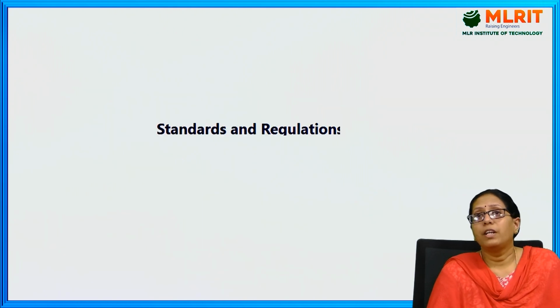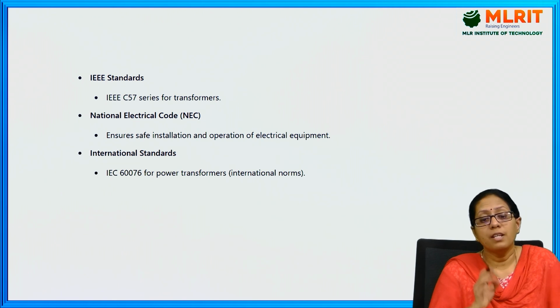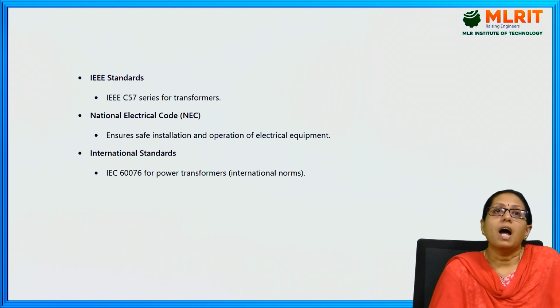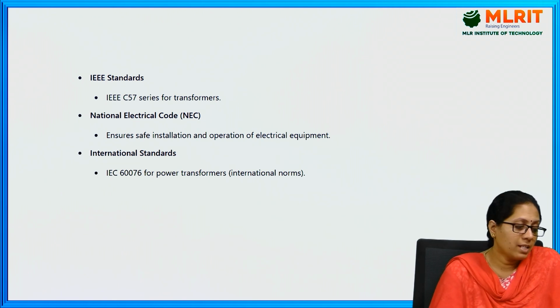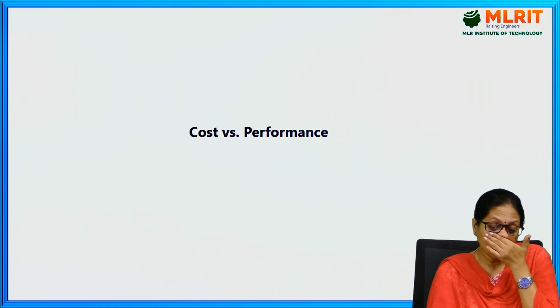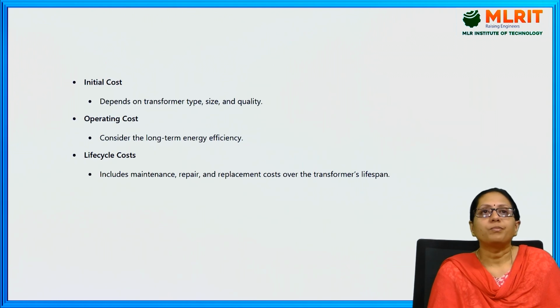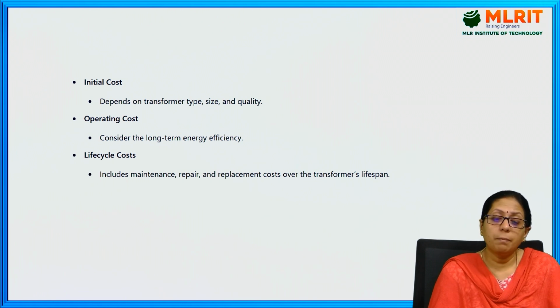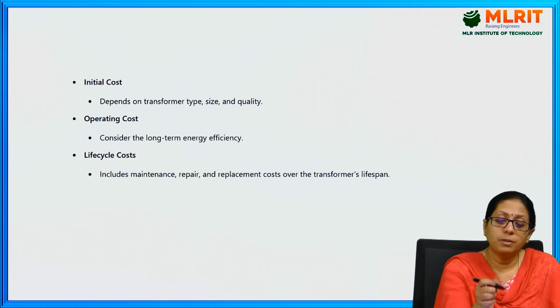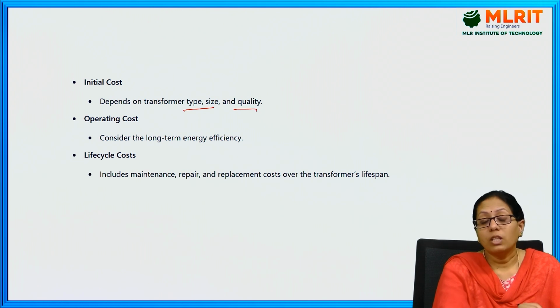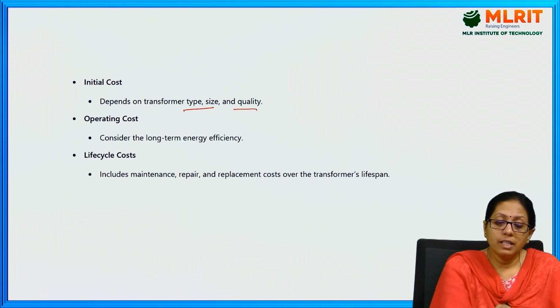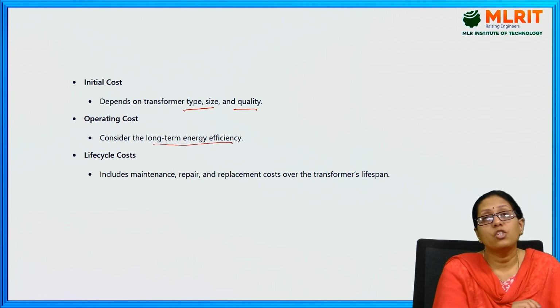Standards and regulation. What are the different standards and regulation? They should follow the IEEE, NEC as well as IEC standards. Cost versus performance. The initial cost depends upon the transformer type, size as well as quality. And operating cost, considering the long-term energy efficiency.